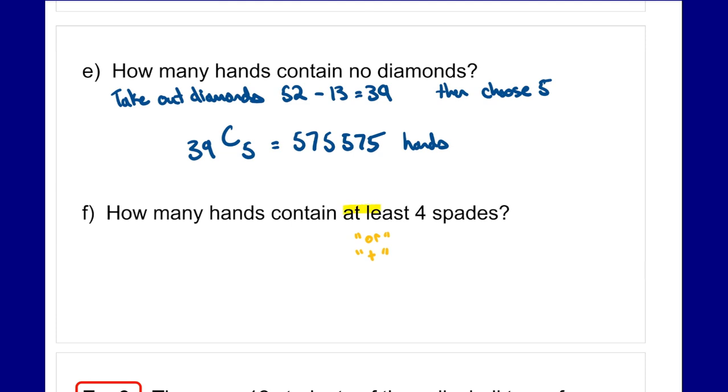So if we're talking about at least, it implies or, one case or another, which means we have to add. So at least 4 spades in a 5-card hand, we have 4 spades, or, which means we're going to add 5 spades. So we have our 2 scenarios here.